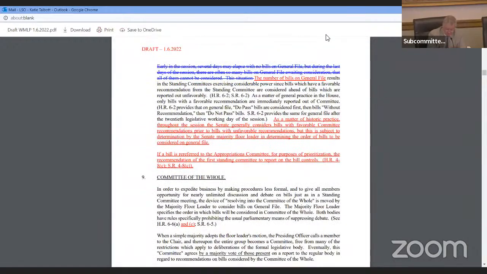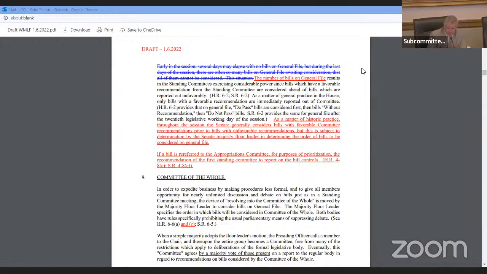And again, we're inserting historic practice. The Senate is a little bit different than the House. The House is really clear that if a bill comes back with an unfavorable recommendation, a do not pass or without recommendation, that's not considered until all the bills with favorable motions are considered.